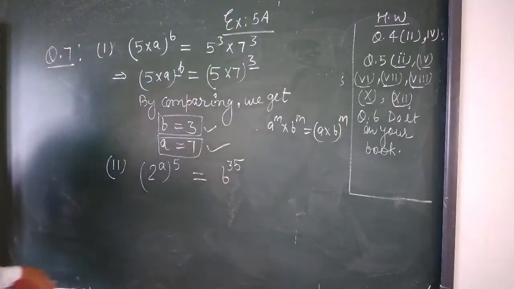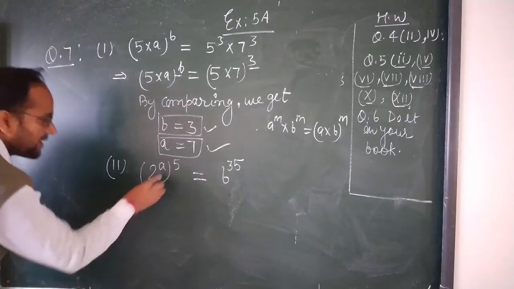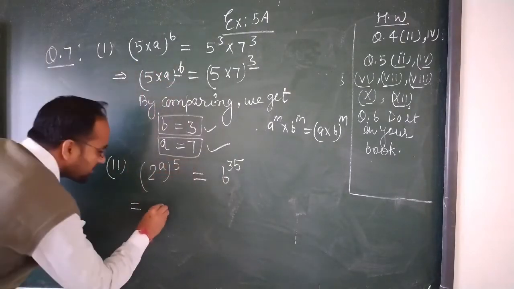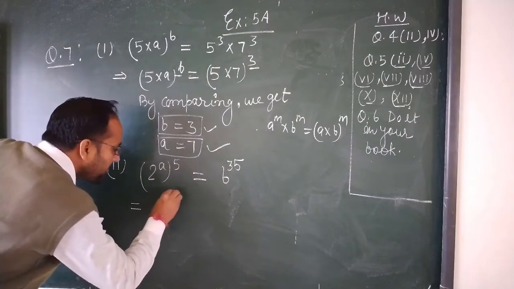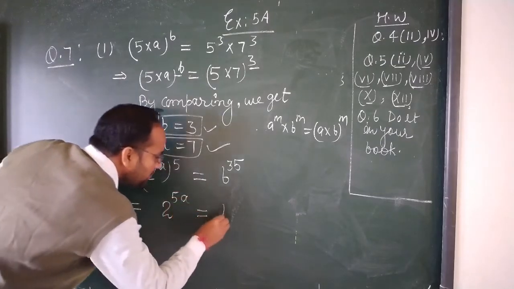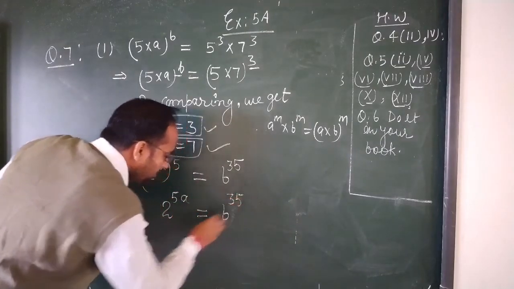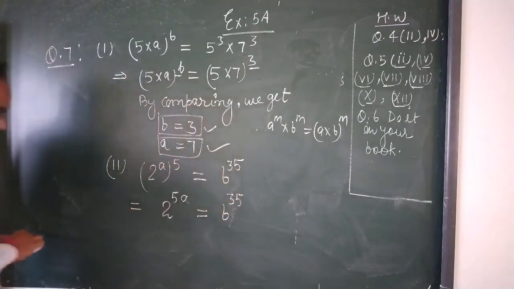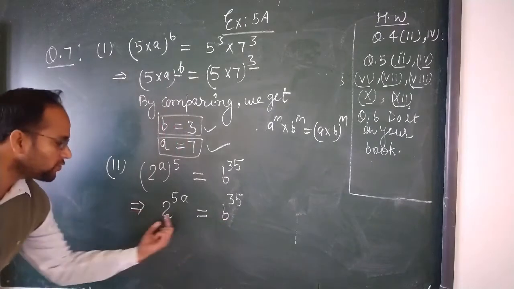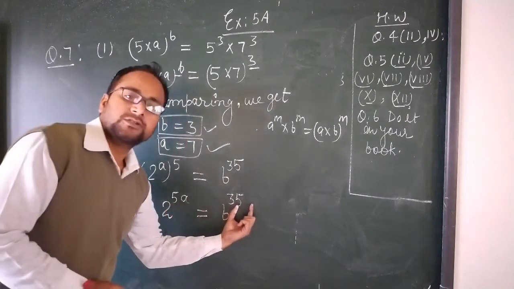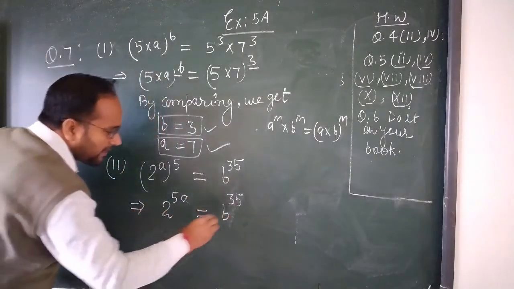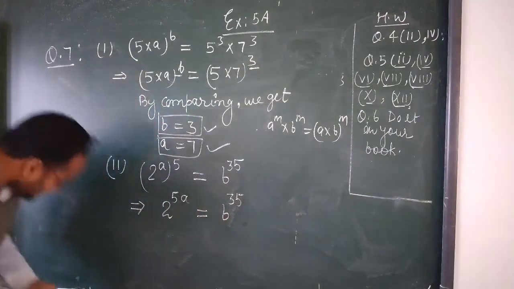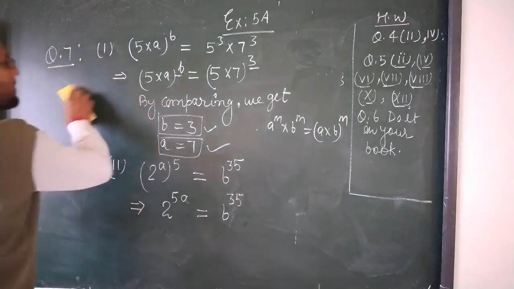So see this one, students. Power to a power, you will multiply. 2 to the power 5A is equal to B to the power 35. Both are equal, it means that you will compare. In this case, B is equal to 2 and 5A is equal to 35. So by comparing the powers, see this one, students.